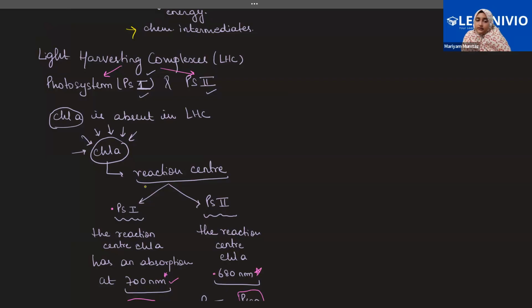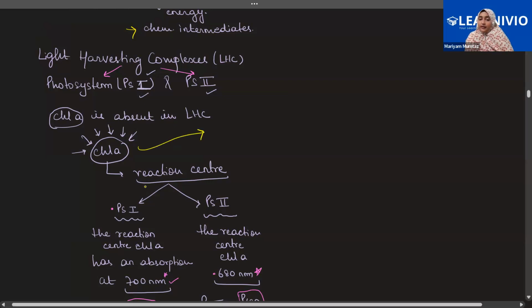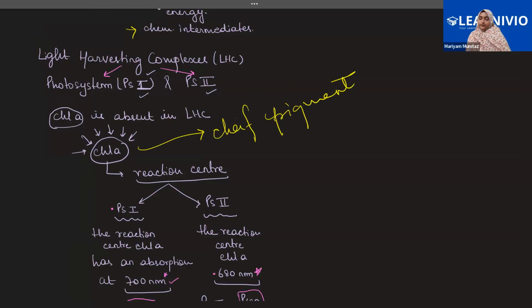Now remember that chlorophyll A molecule, I said that this is the chief pigment, isn't it? Why is it the chief pigment, students? Tell me why chlorophyll A is the chief pigment and not any other chlorophyll, B, C, or xanthophyll, carotenoids. Why are they not chief pigment?